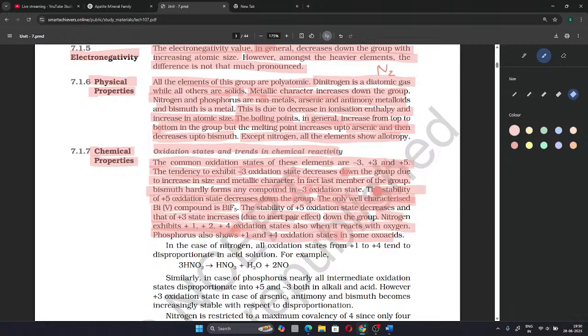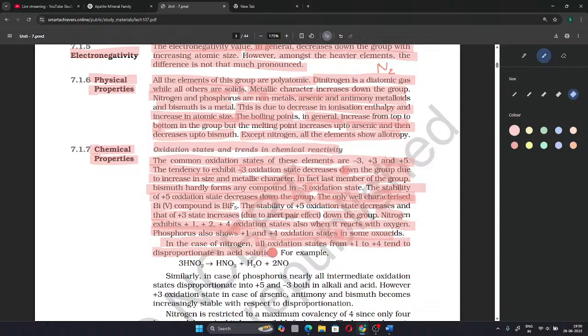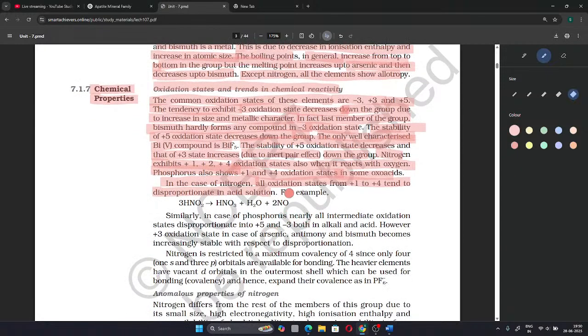In the case of nitrogen, all oxidation states from +1 to +4 tend to disproportionate in acid solution. For example, HNO2 will give HNO3 plus H2O plus 2NO.